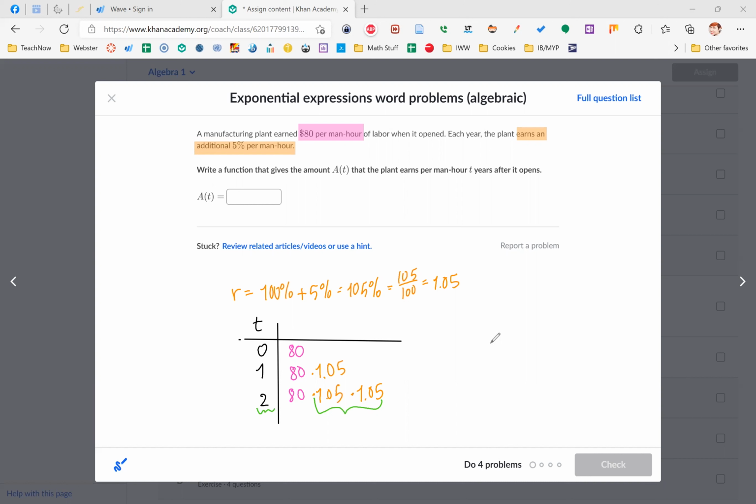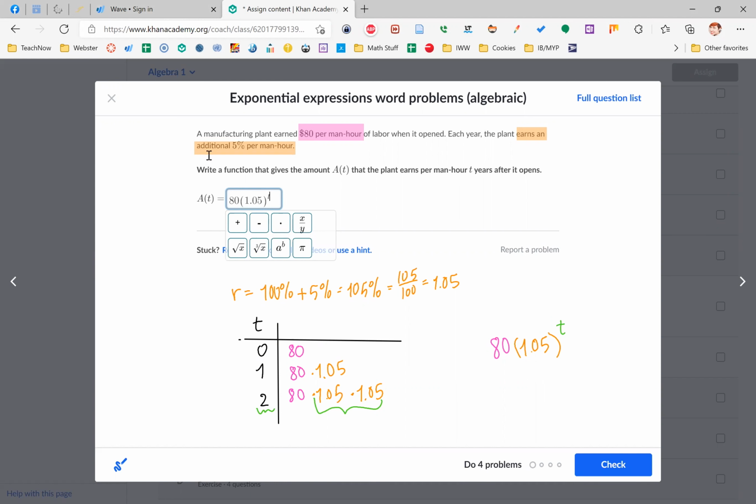So in function form, it is the original 80. That's my initial value. My rate of change, 1.05, to the power t. So here for Khan Academy, I'll write 80 times 1.05 to the power t.